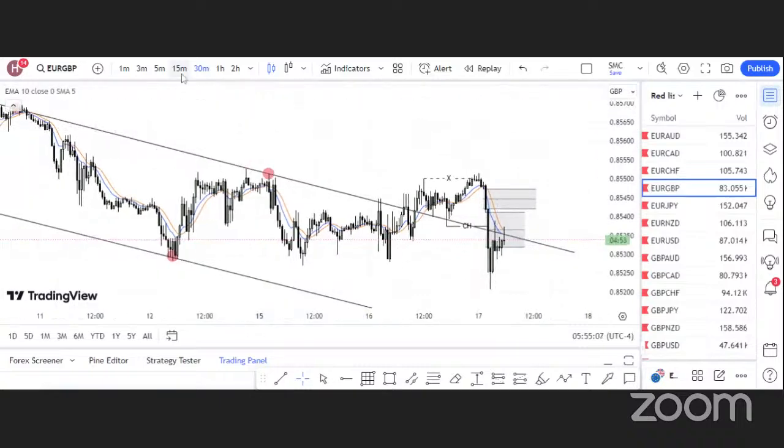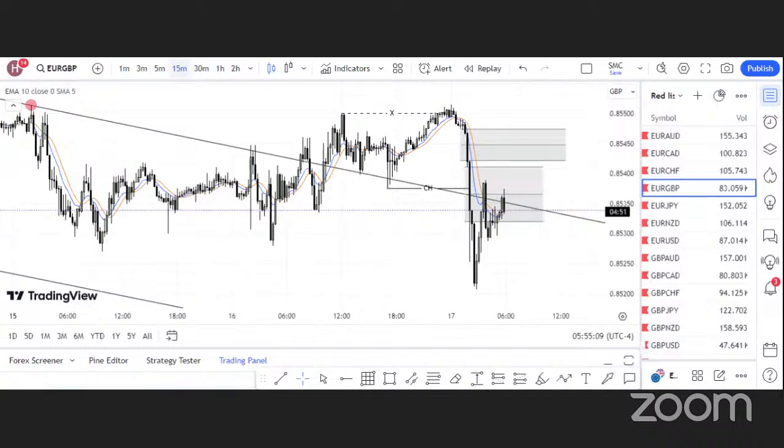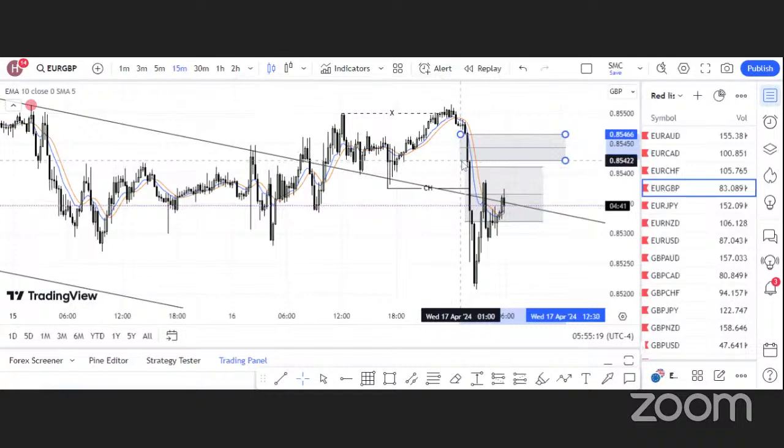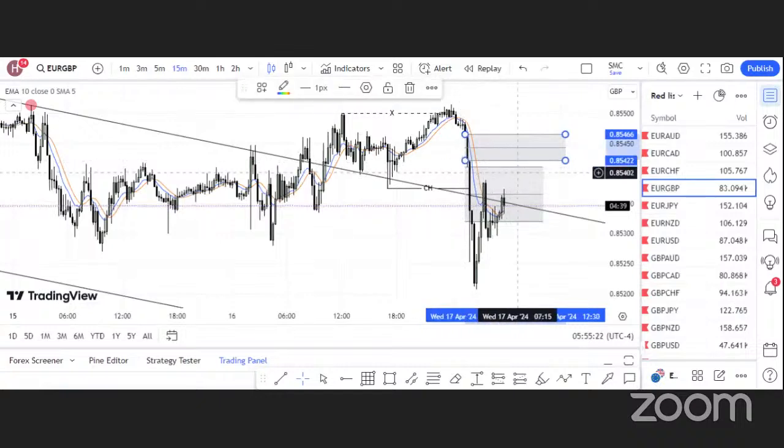Well, yeah, let's just give it a few moments to see if this would work out. Okay, and right now on the 15 minutes time frame, it looks like the market is trying to close above the fair value, the moving averages.